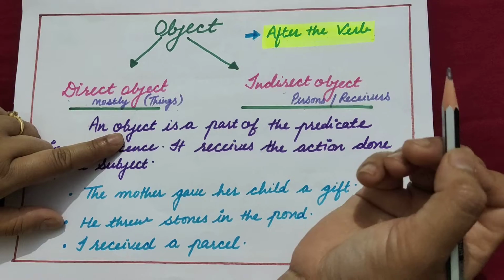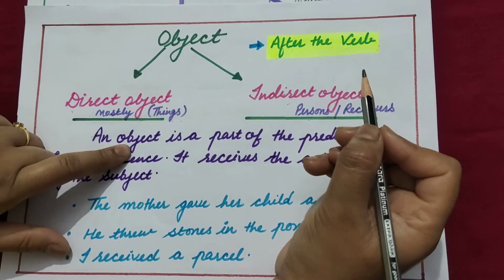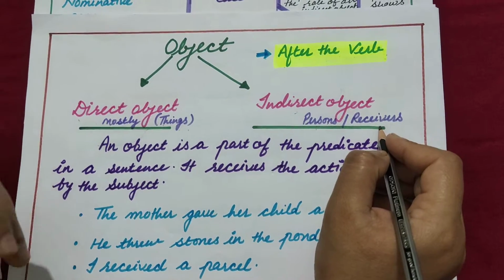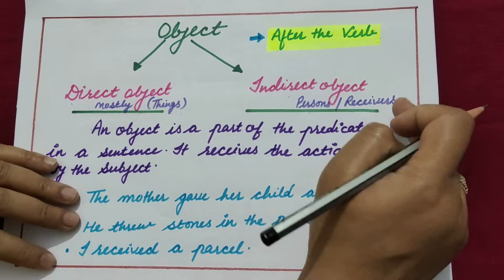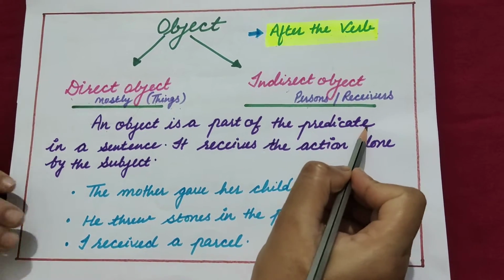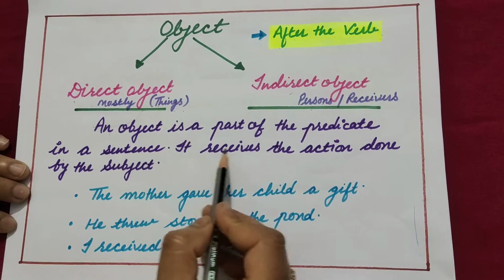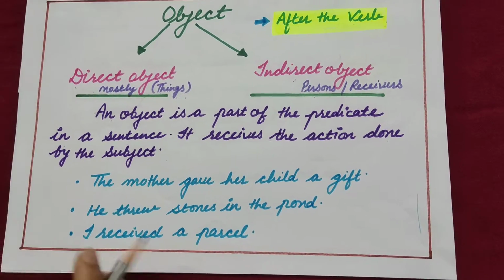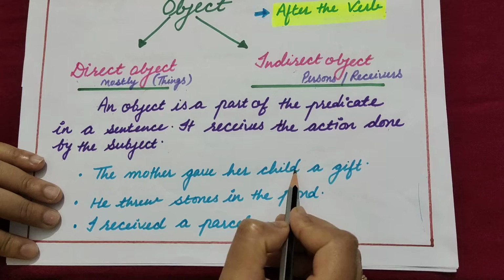Okay. But you will get some sentences where you have to find out with the receivers, clear? So, there you have to take care. Now, an object is a part of the predicate in a sentence. It receives the action done by the subject. For example, the mother gave her child a gift.